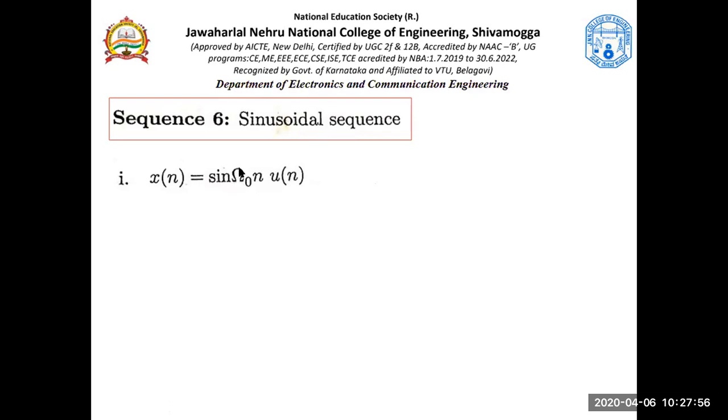Instead, we use this Omega. Omega is not the proper terminology, but to differentiate between the continuous time omega and discrete time omega, we just call this omega naught into n. Sine omega naught n would be the sinusoidal sequence, and it exists from 0 to infinity. Who tells that it exists from 0 to infinity? This particular u of n tells that this function of n exists from 0 to infinity.